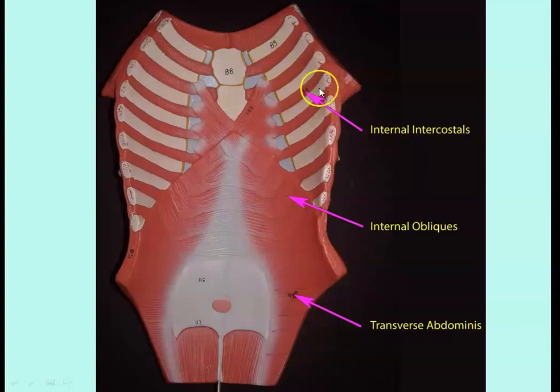In between those ribs, you have the internal intercostals. And we're on the inside again. Do you see the ones going at an angle here? Those are the internal obliques because they're going at an angle. These down lower that I really need to work on, these that go straight across, those are the transverse abdominis.